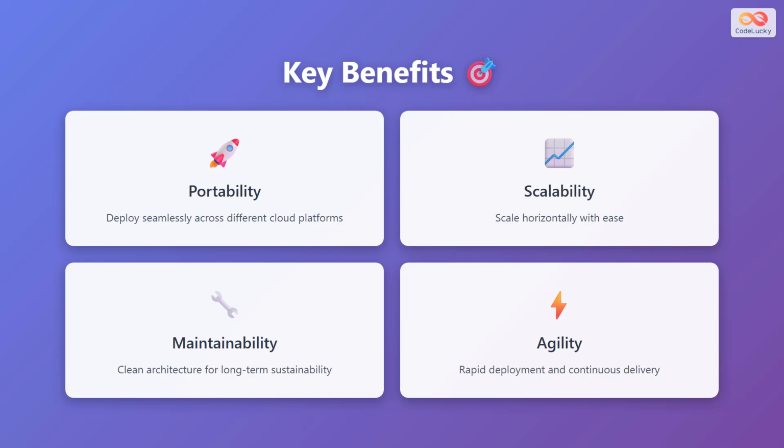The clean architecture and separation of concerns make applications easier to understand, update, and debug over time. Finally, you increase agility. The methodology enables rapid deployment and continuous delivery, allowing you to ship new features and fixes quickly and safely. These benefits compound over time, making your development process more efficient and your applications more resilient.